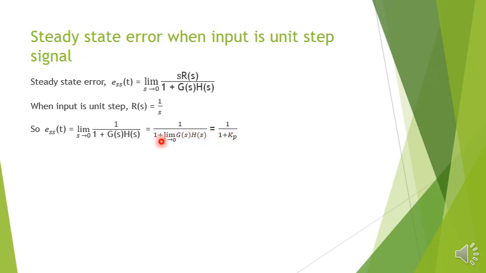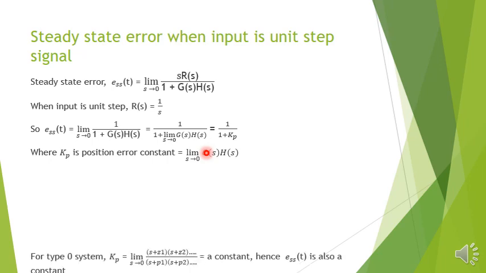This I will consider as a constant, where Kp is the position error constant, which is equal to limit as s tends to 0, G of s, H of s. Now this steady state error is purely dependent on G of s, H of s. That is why in the previous slide we have concentrated on type number.